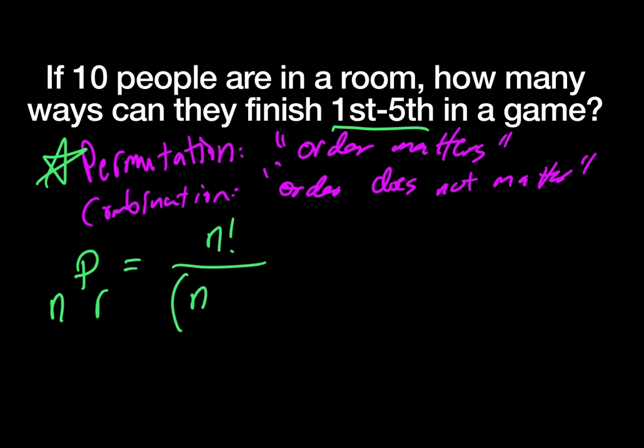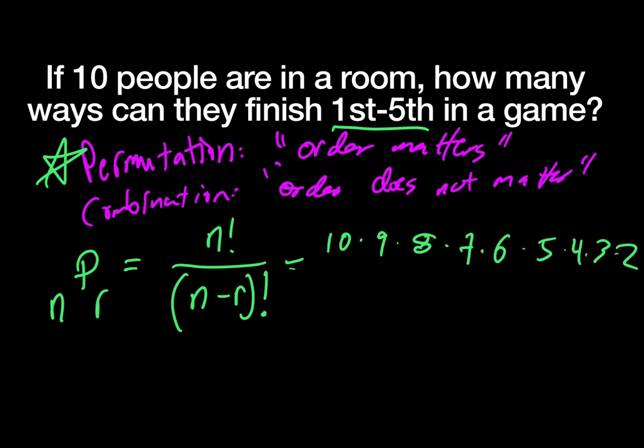nPr, which is n things, permutation, where I want r of them. The formula is n factorial over n minus r factorial. Factorial means you start with whatever number that is and then multiply all the way down to 1. So it'd be like 10 times 9 times 8 times 7 times 6 times 5 times 4 times 3 times 2.